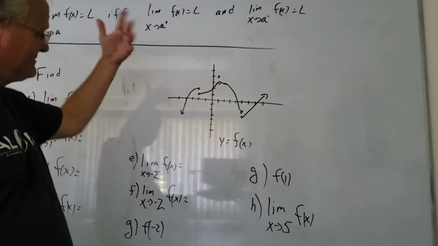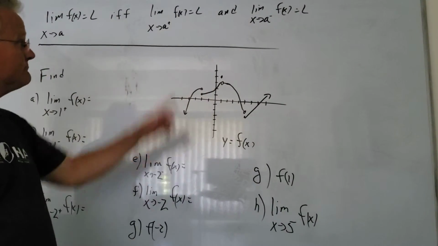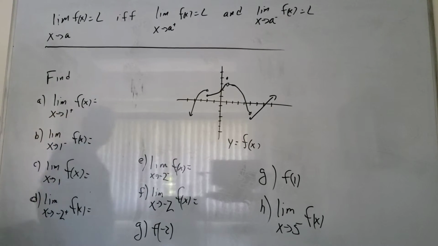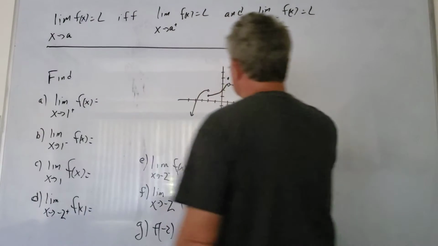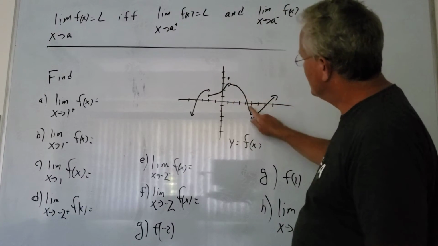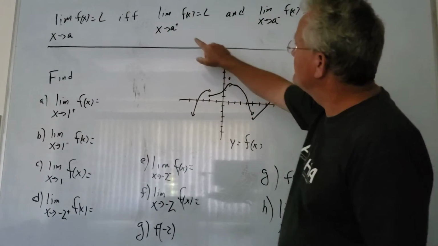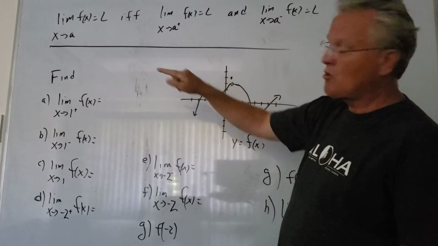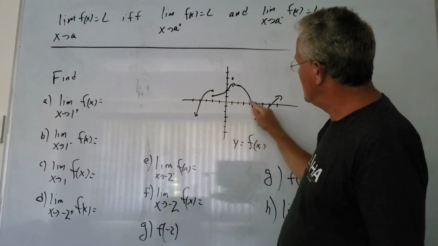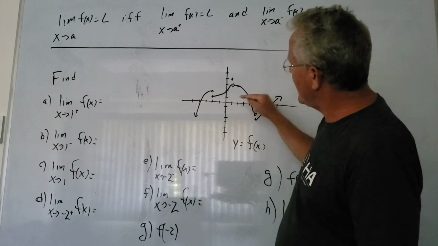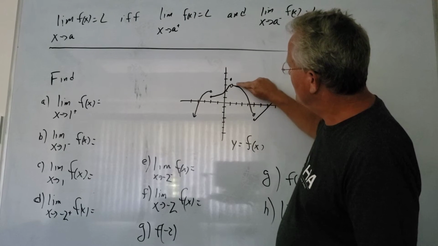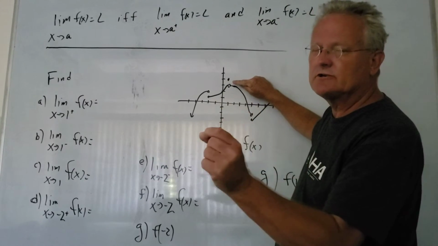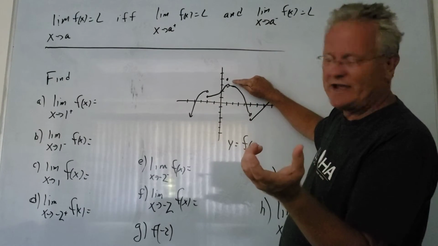Okay, so let's do some examples of finding limits with this definition. So what's the limit as we approach 1 from the right? Well, here's x equals 1. As we move along the curve of f and approach x equals 1 from the right-hand side, the idea is we get closer and closer, but we don't really quite get there.